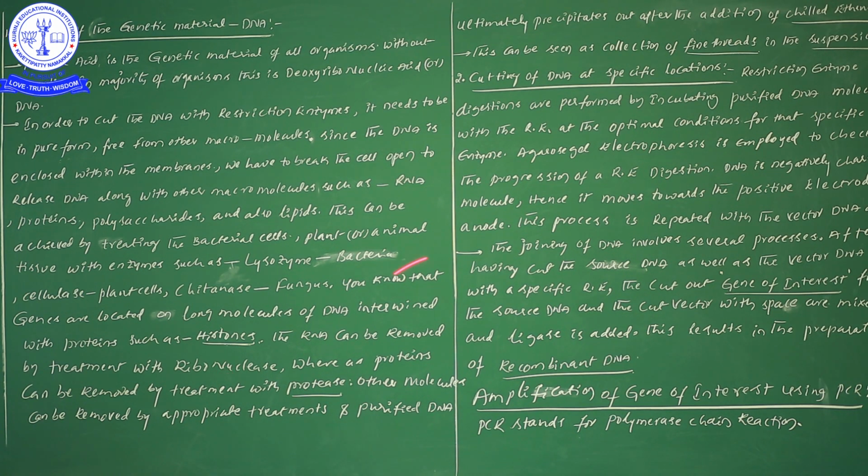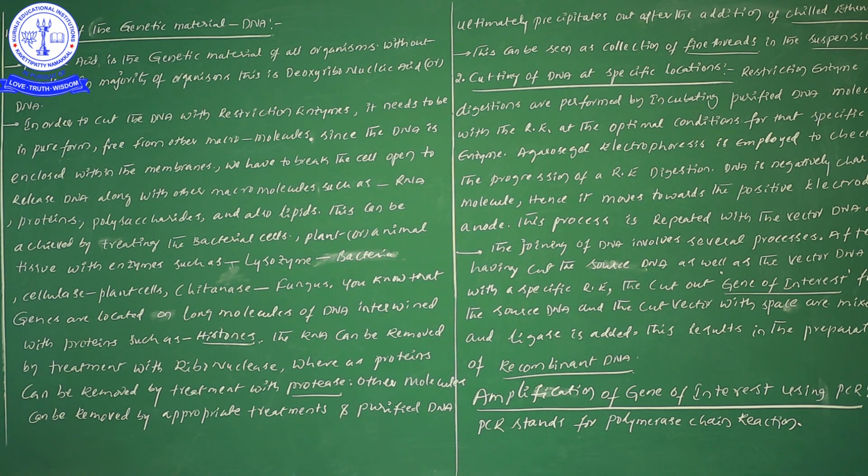So in order to remove RNA, the enzyme we have to use is ribonuclease. Next, if you would like to digest the proteins, we have to use the protease enzyme. Other molecules, lipids also are there. They didn't give information regarding lipids, but lipids can be digested with the lipase enzyme.